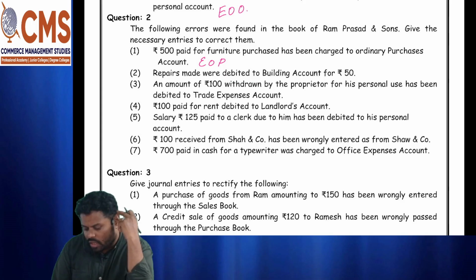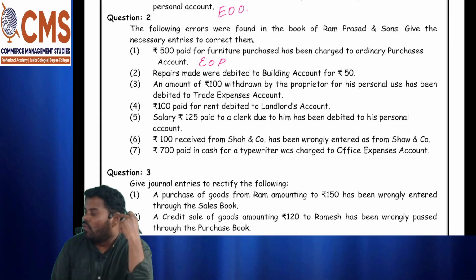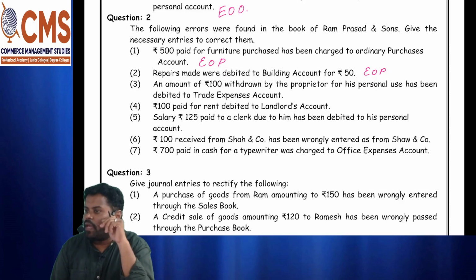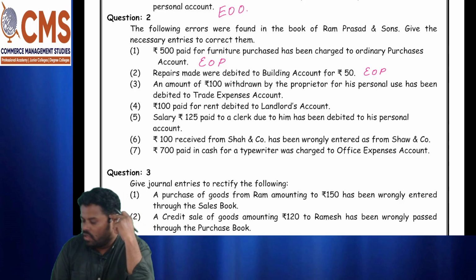Next, repairs made were debited to building account for 50. What is the nature of error? Error of principle. Why? Revenue expense is wrongly treated as capital expenditure. Correct? So what is the entry?